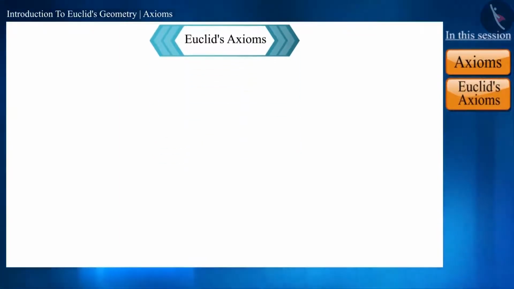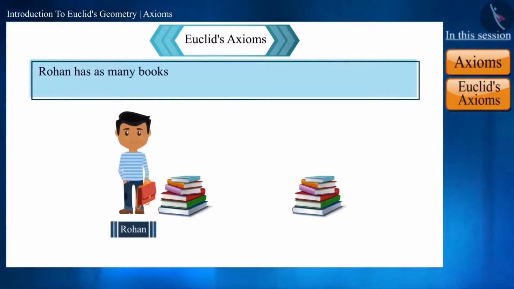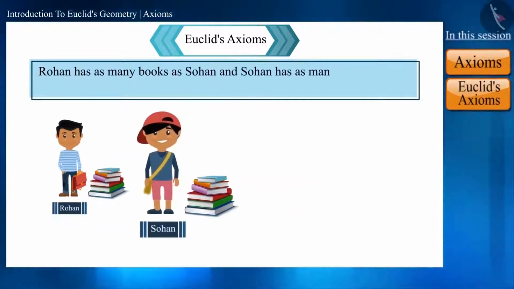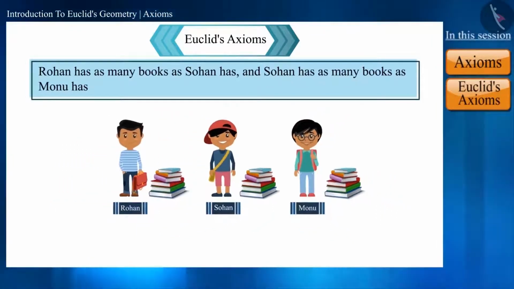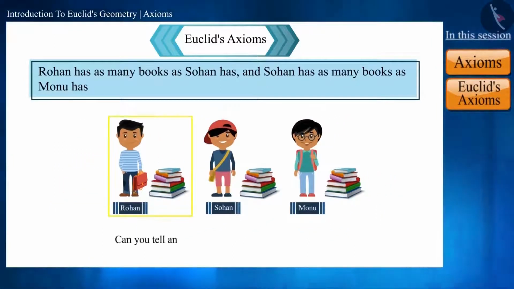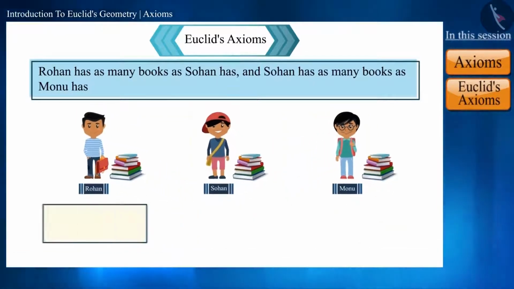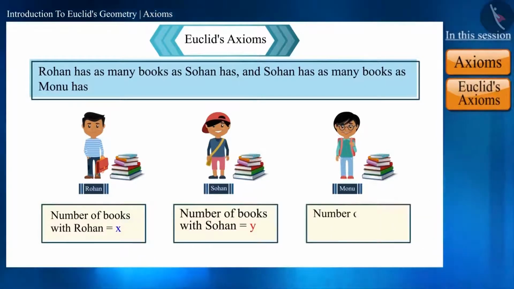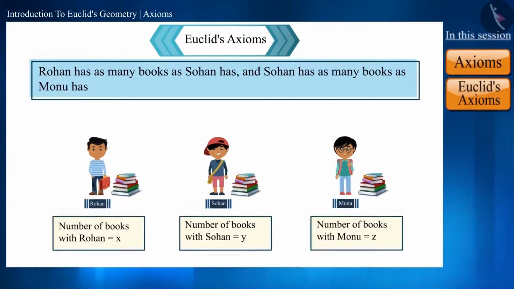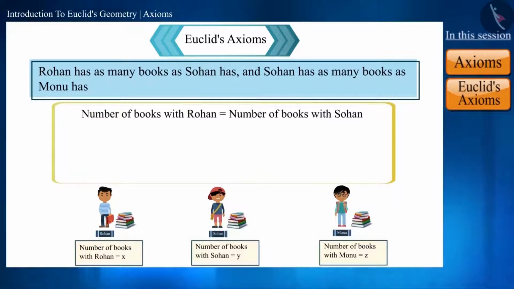Let's start with a statement. If I say, Rohan has as many books as Sohan, and Sohan has as many books as Monu. Friends, can we determine the relationship between Rohan and Monu with this statement? Let's see. Suppose Rohan has X number of books, Sohan has Y number of books, and Monu has Z number of books. According to the statement, Rohan has the same number of books as Sohan.